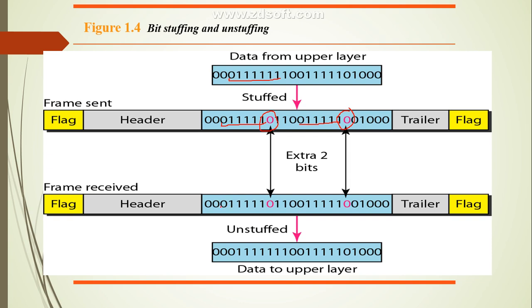Whenever the receiver faces a 0 and 5 consecutive ones, regardless of the value of the next bit, it is going to take the next bit as data, not consider it the end of the frame.